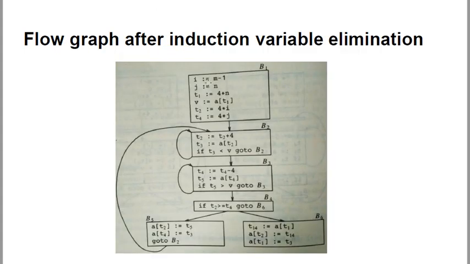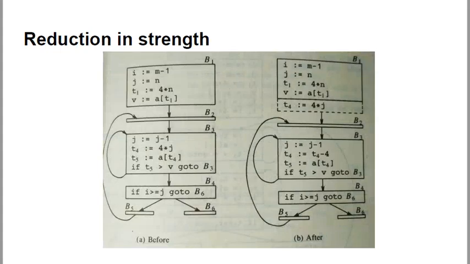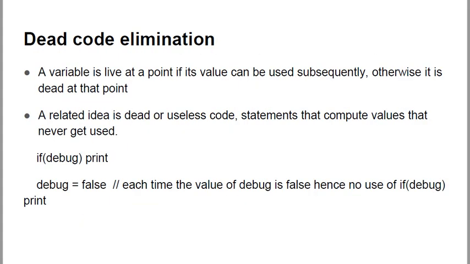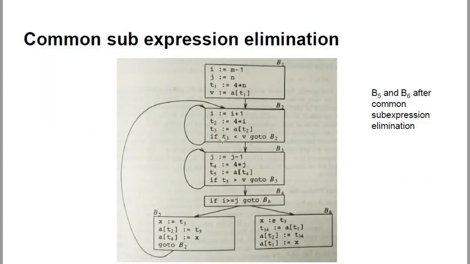Previously, if you see in blocks B2 and B3, there was I is equal to I plus 1, j is equal to j minus 1.